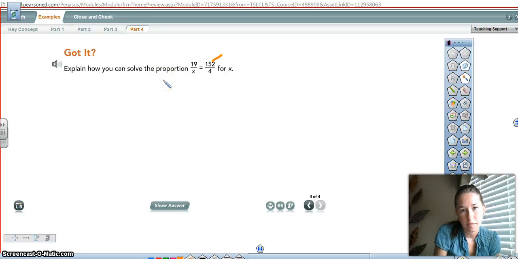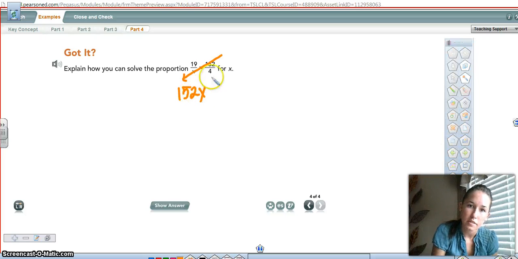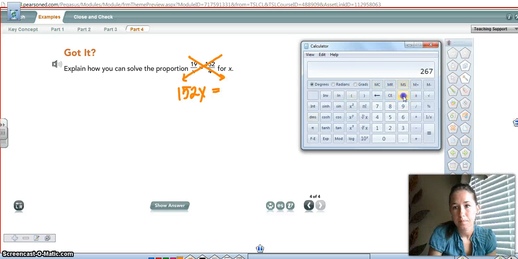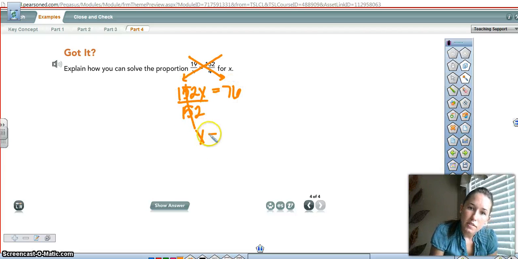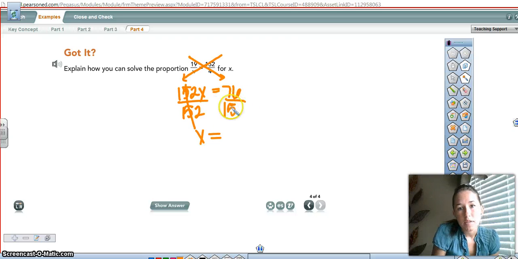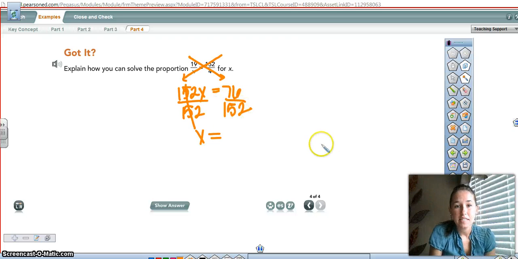Okay, we would start by doing 152 times x, which is 152x, and we would do 19 times 4. Okay, we want to solve for x. We want to get x by itself, so we could divide by 152, so it's just 1x on both sides. 76 divided by 152.